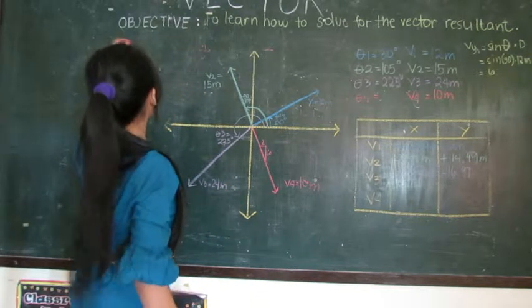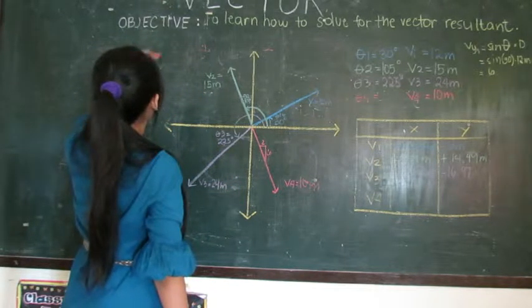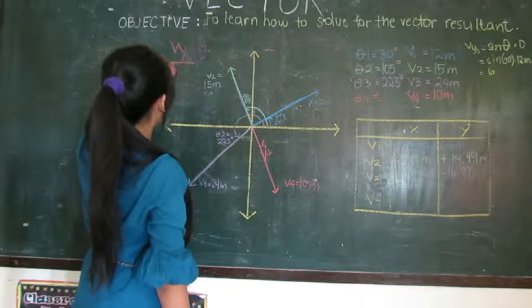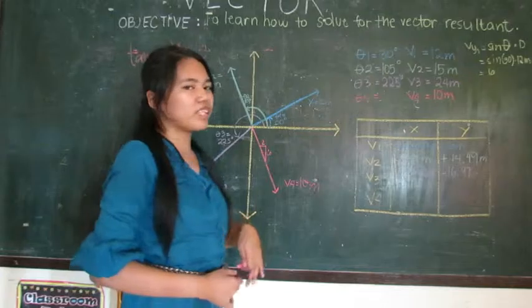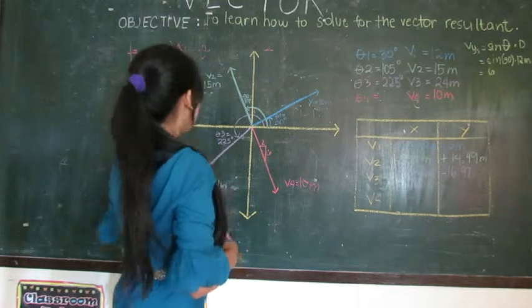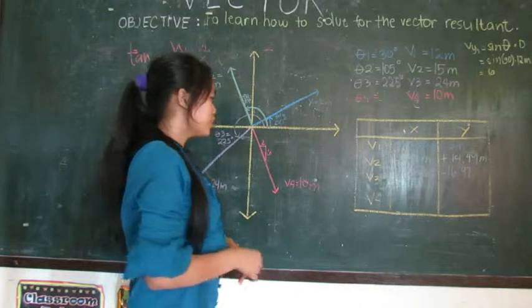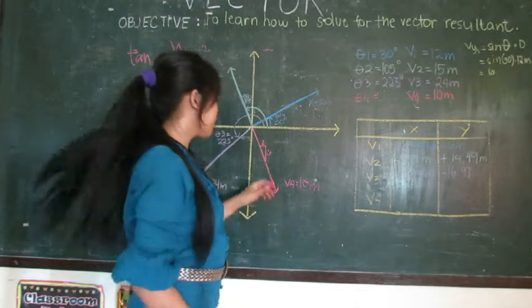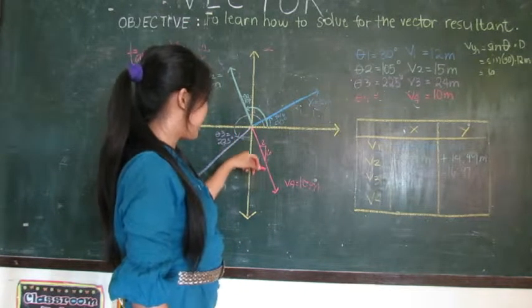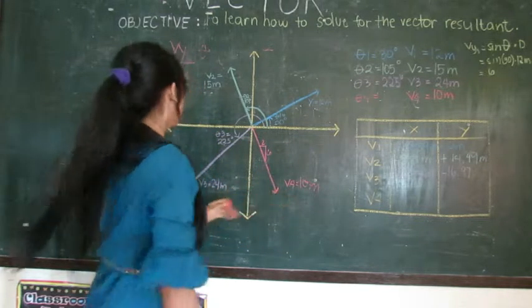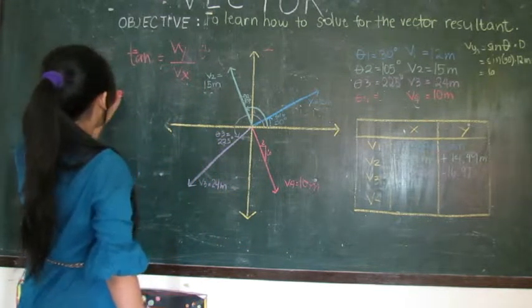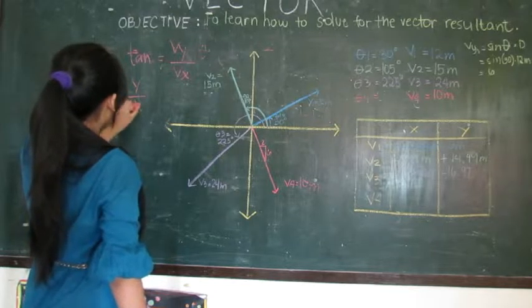The formula is tan equals Vy over Vx. Y is always the vertical part, so it is the number 6, and 2 is x. So when looking for the angle, it will be tan negative 1 of y over x.